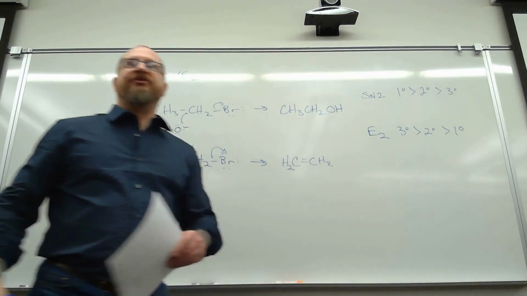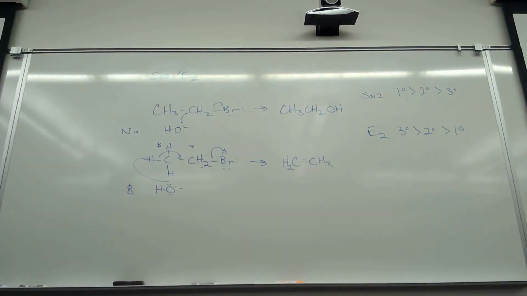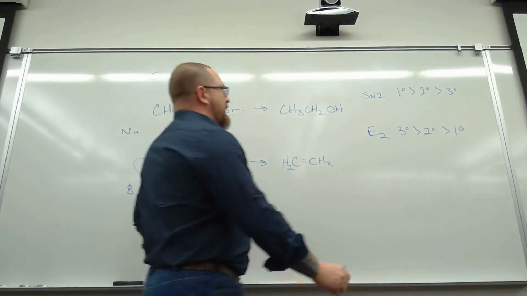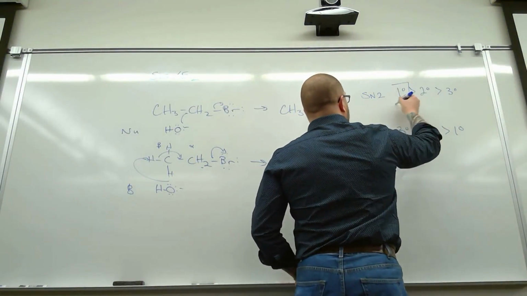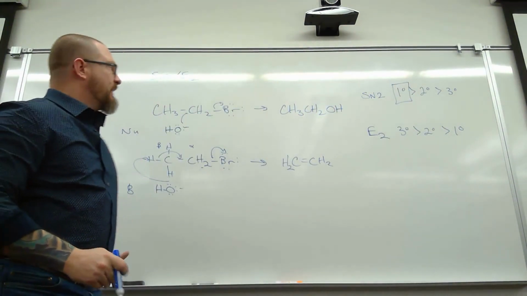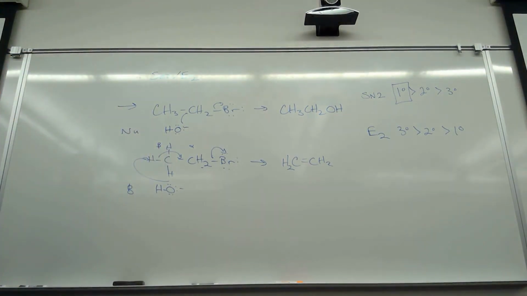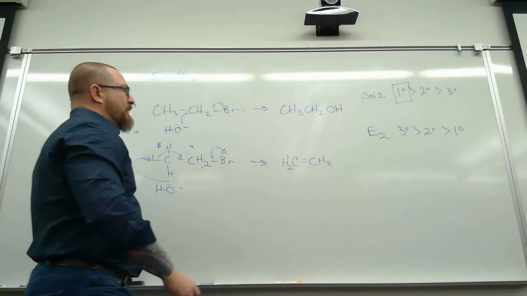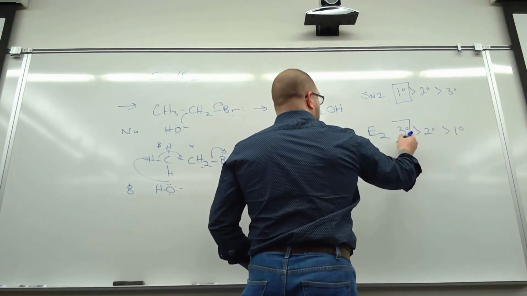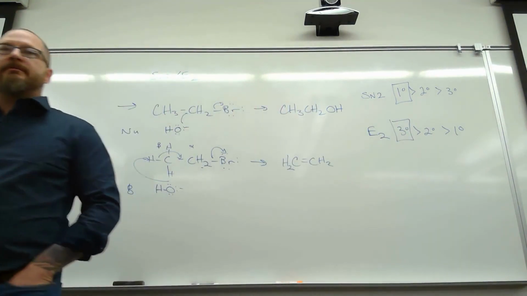So if you're in competition and you have two different rates of reaction, if it's primary, like we have here, you're going to favor the SN2 over the E2. If it's tertiary, the E2 will be favored.